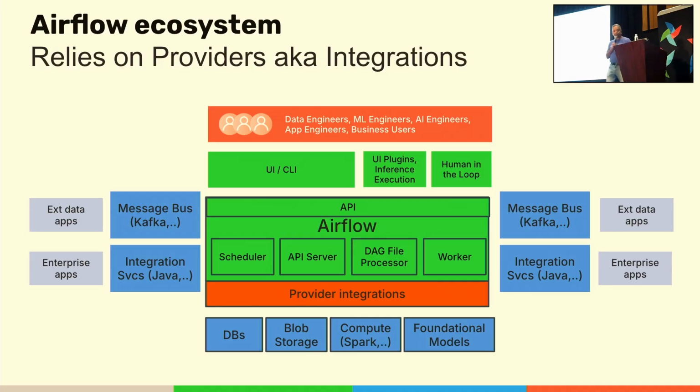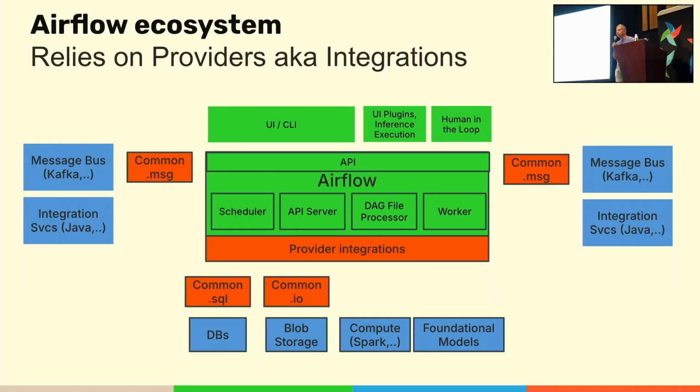And we have tried to generalize this further towards making it easier to use through what we've called common providers or common provider abstractions. So we've developed this for Common SQL to be a common abstraction over all database integrations, whether it is Postgres, which you're using locally, SQLite, Redshift, BigQuery, Azure Synapse, or any other kind of database whatsoever.